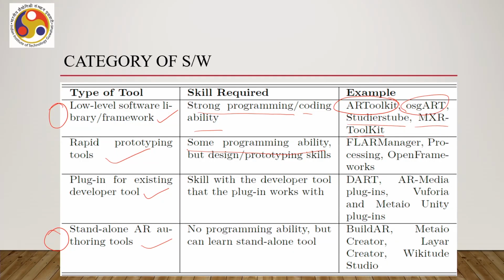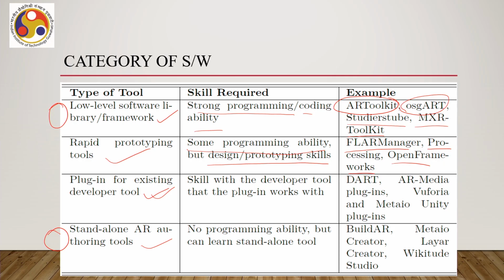In the second category, rapid prototyping tools, the skills required are some programming ability, at a lower level as compared to the previous one, but design prototyping skills may be required for using such tools. Examples of such tools are Flower Manager, Open Frameworks, and so on. Then we have plugins for existing developer tools.